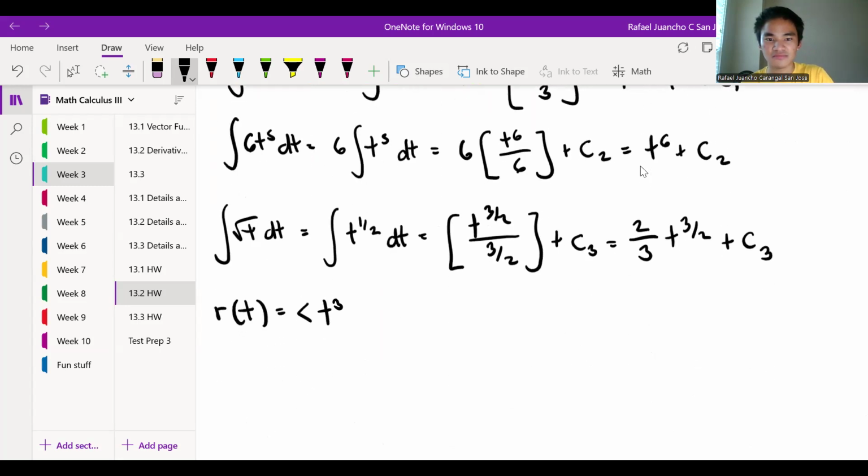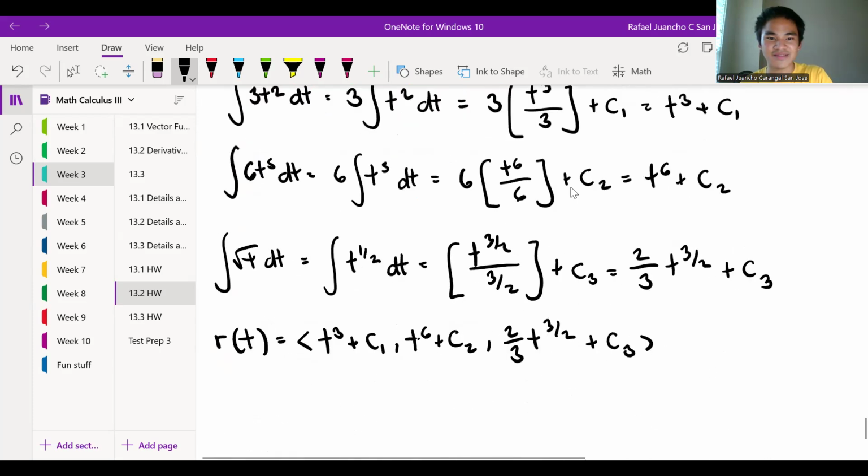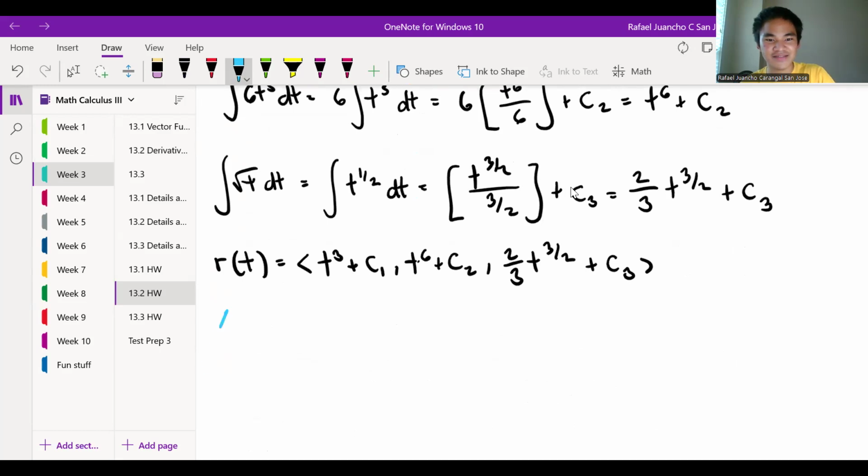So t cubed plus c1, t to the 6 plus c2, and then the other one, 2 over 3 t to the power of 3 over 2 plus c3. And now I want to find that constant, or constants. So find constants c1, c2, c3. How do we do that?